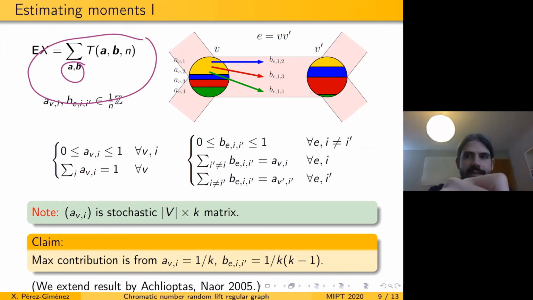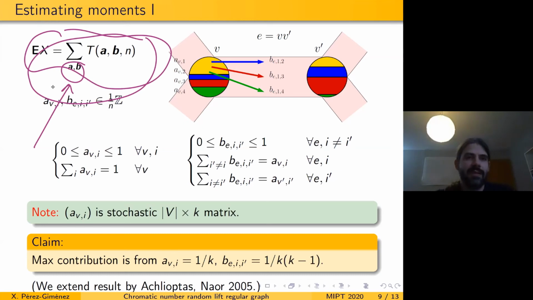So this is an optimization problem. This is a very complicated expression, a very complicated sum. So we would like to see for which values of A and B we get the main contribution to this expectation.